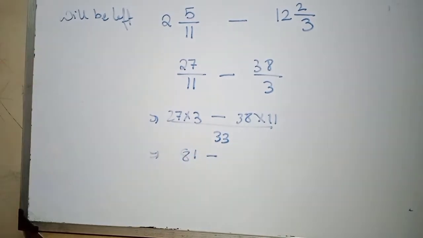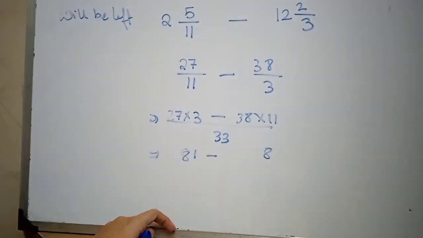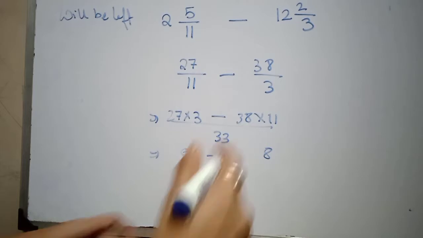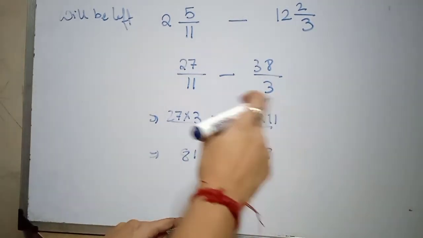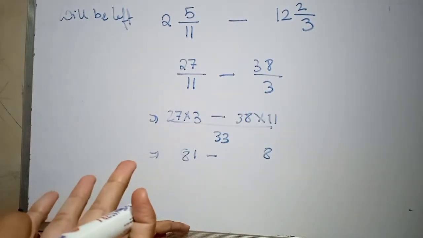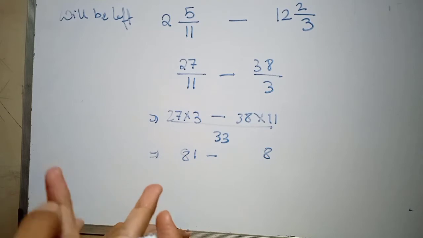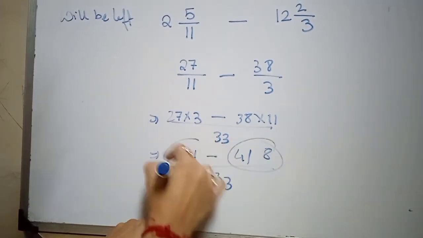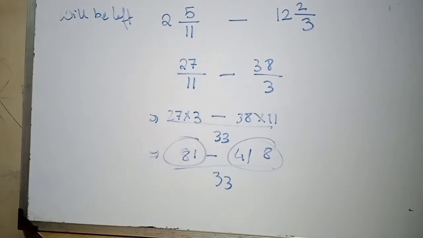And if I do this, I think there is something wrong in this sum, because this number is greater than this 81, so your answer will be negative. So there is something wrong.